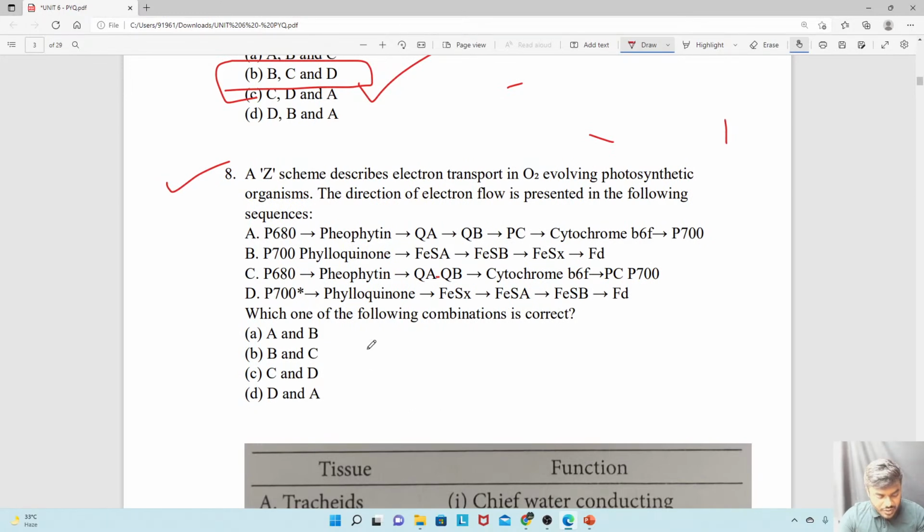Friends, okay, what about others? We have discussed this many times. From the P680, who is the first electron acceptor?